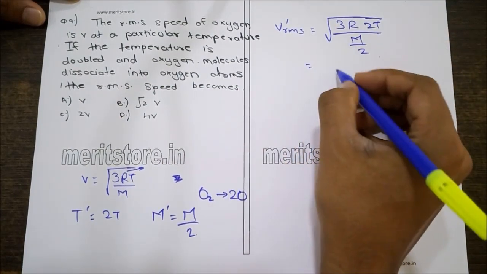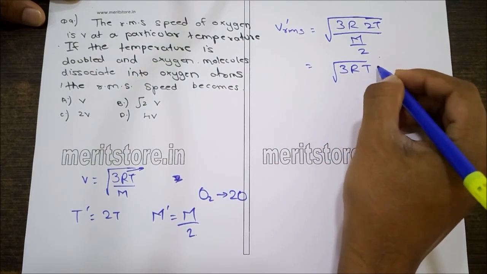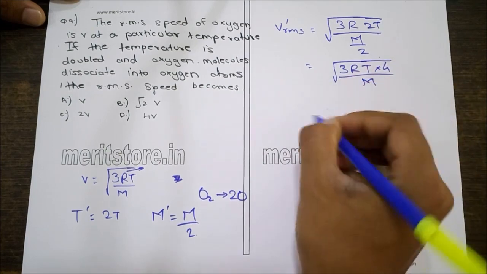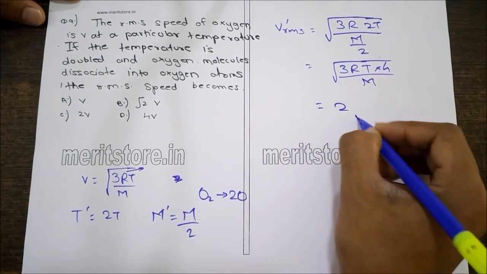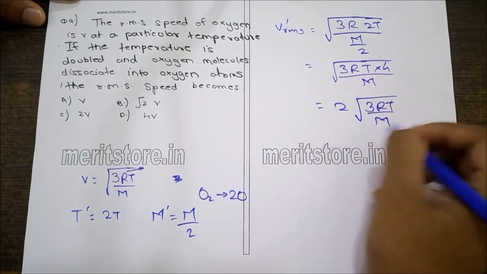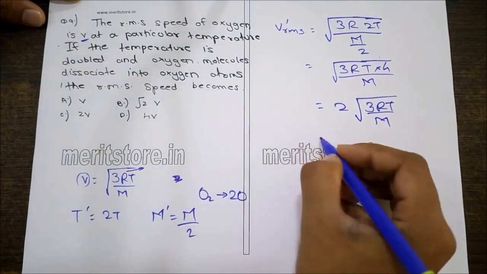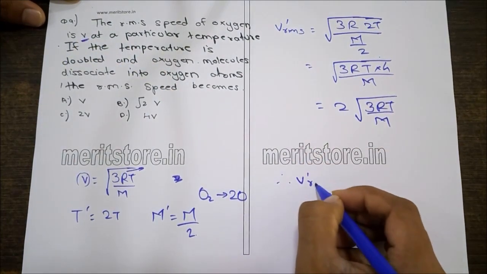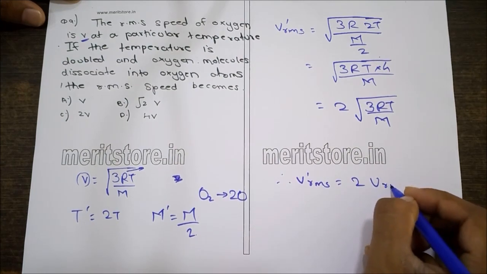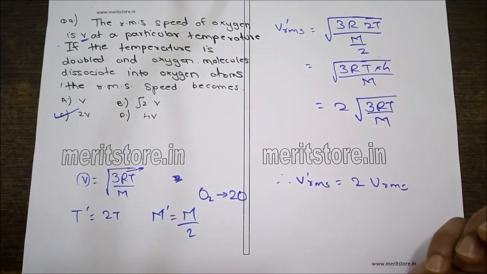So this becomes root of 3RT into 4 upon M. This 4 can be taken out of the root as 2 root of 3RT upon M. Now this root of 3RT upon M is nothing but the initial V that is given here. Therefore the new VRMS is equal to 2 times the old VRMS. Hence option C is the correct answer.